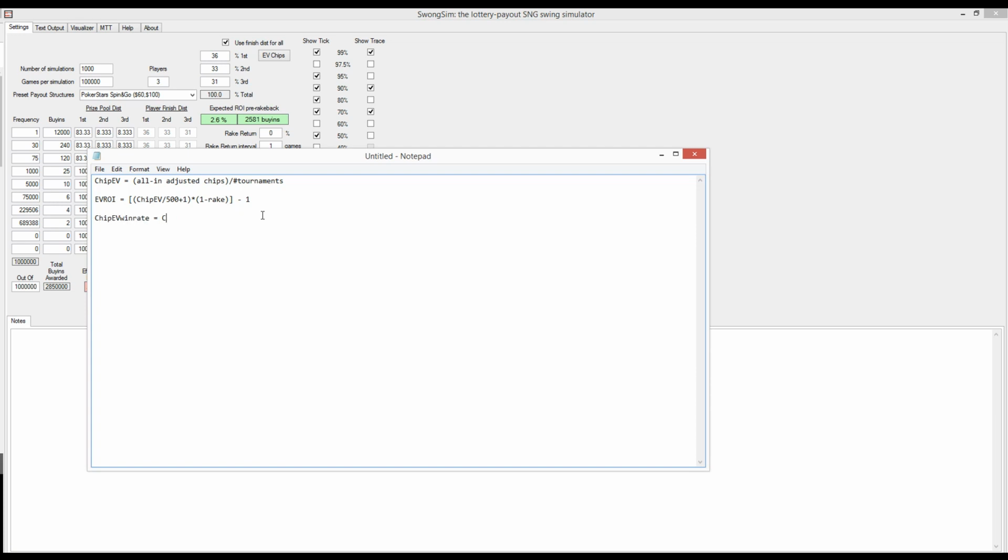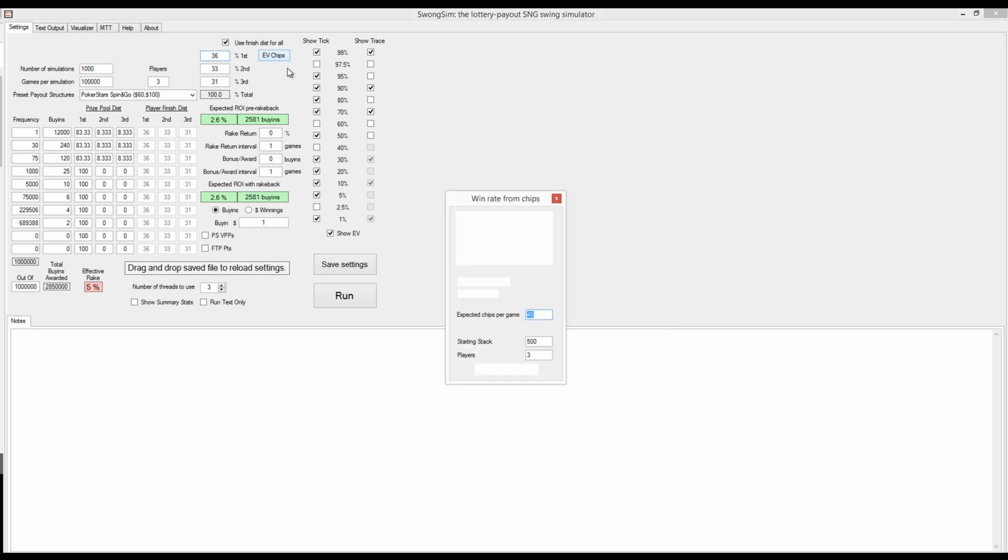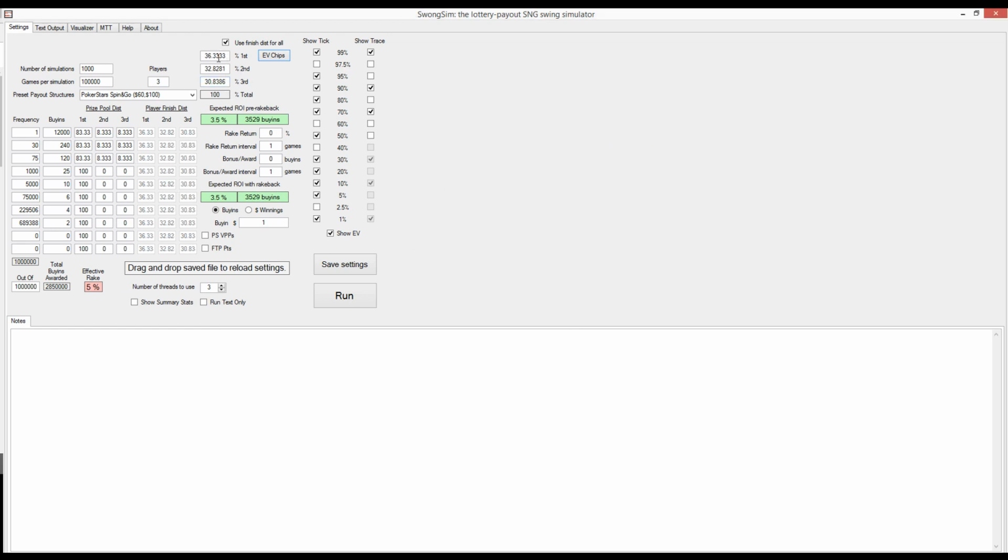That's just equal to your chip EV plus 500 divided by 1,500. But SwongSim does it for you. So if you're thinking in terms of chip EV, let's say a pretty common chip EV is something like 45, you can just use that, and it will input the correct percents below.